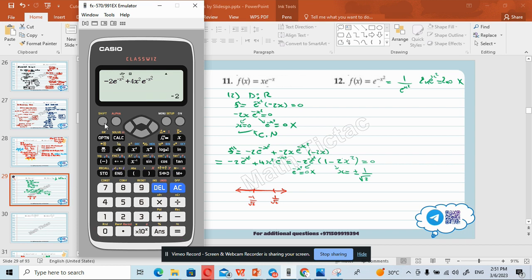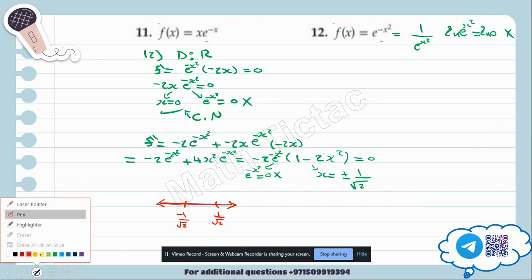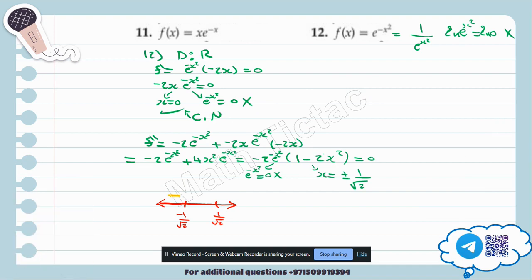This is negative. Let's substitute a value less than, so minus 5. So it's positive. Positive, negative, positive. So that's it. This is concave up, this is concave down, and this is concave up.